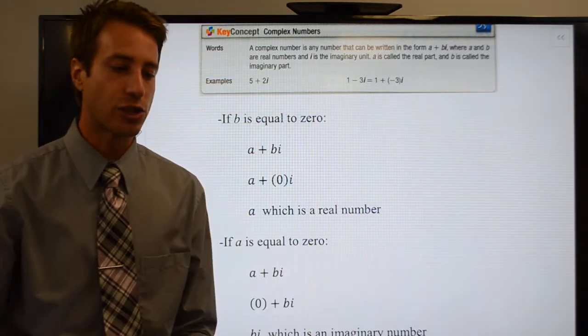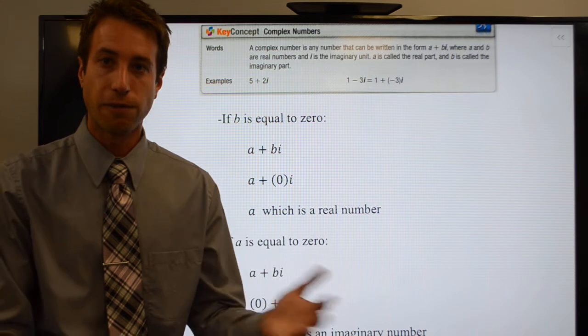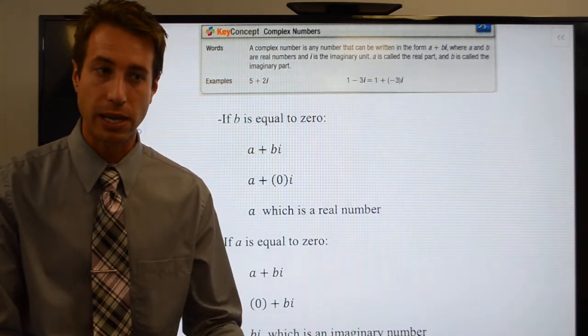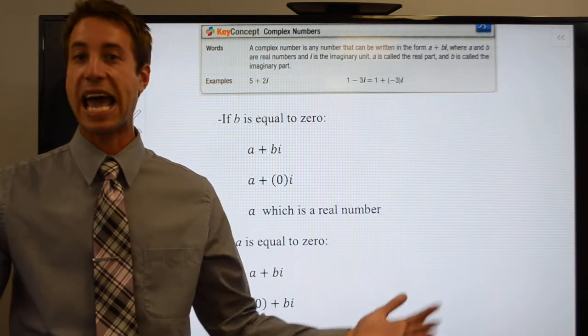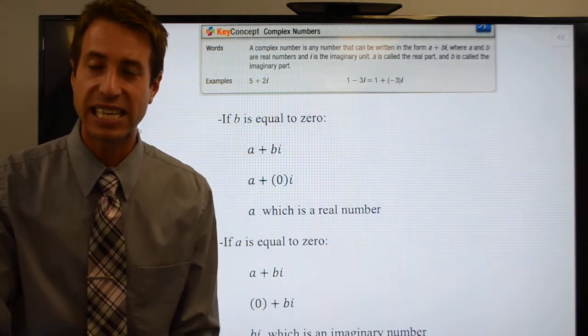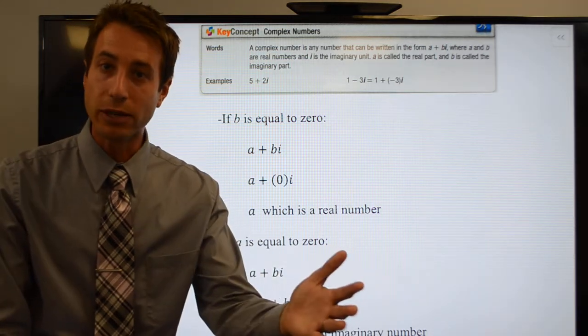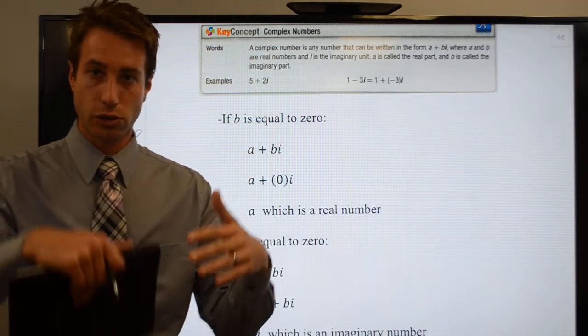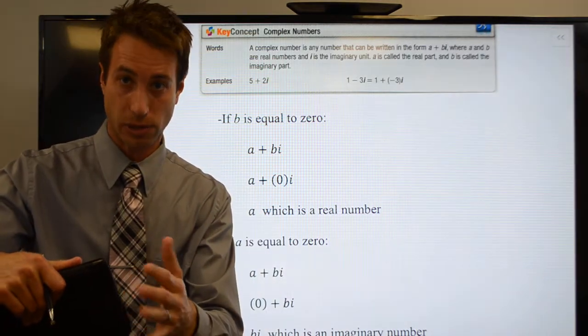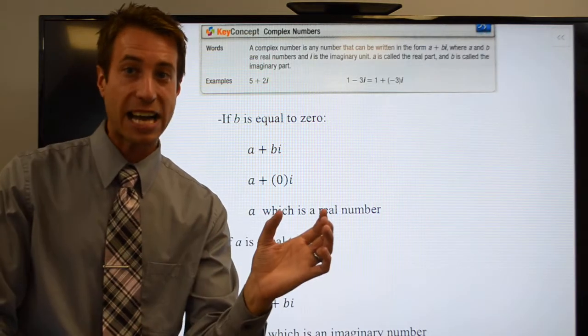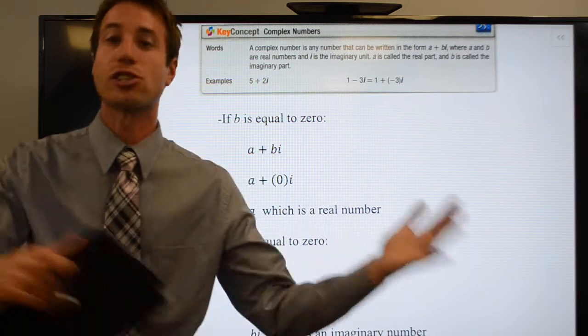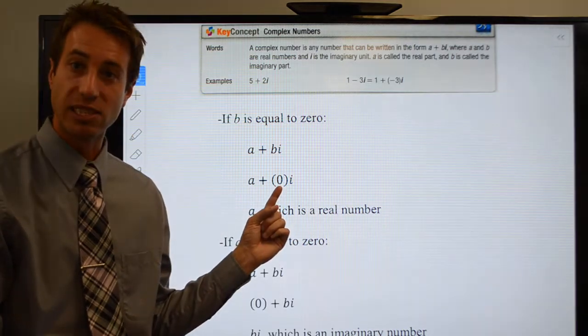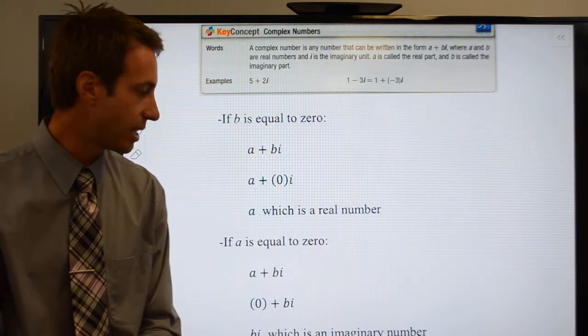So anytime you guys are using real numbers like 4, or the square root of 3, or pi, 10, minus 16, those real numbers are complex numbers where the imaginary part of the number has just gone away because b was 0, that leading coefficient was 0.